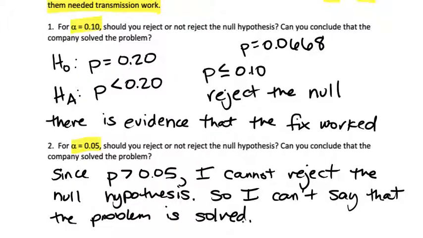So this p-value here of 0.06 is small enough to reject the null hypothesis for alpha equals 0.10 or for 90% confidence, but it's not small enough to reject the null hypothesis if alpha is 0.05 or 95% confidence. So smaller levels of alpha means you need a smaller p-value in order to be able to reject the null.